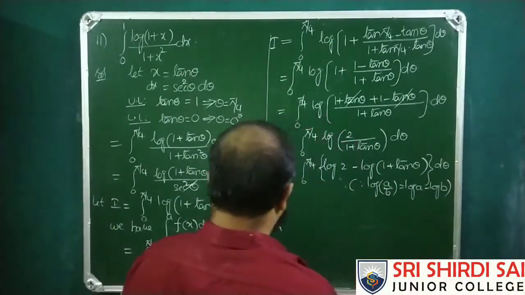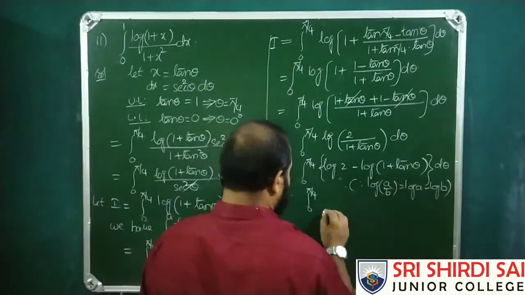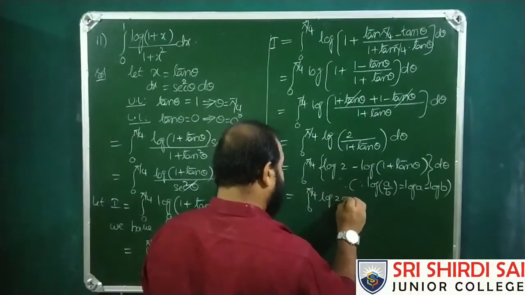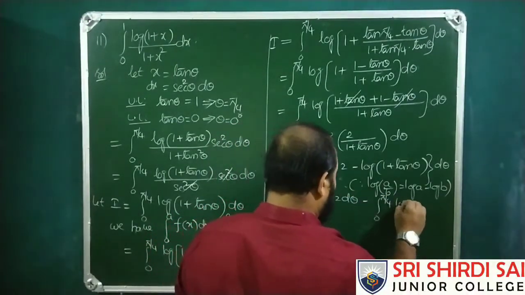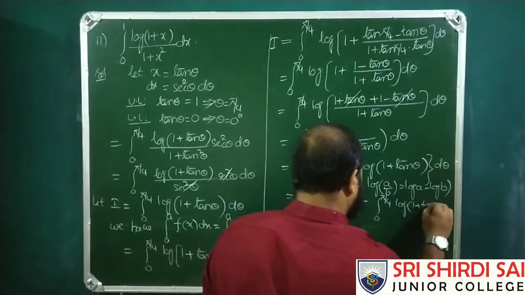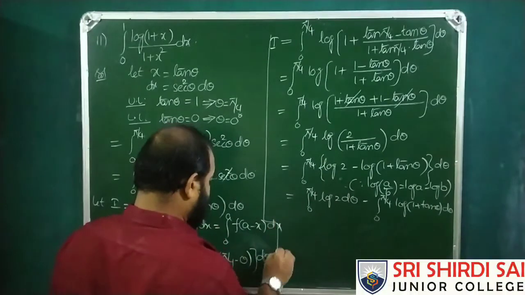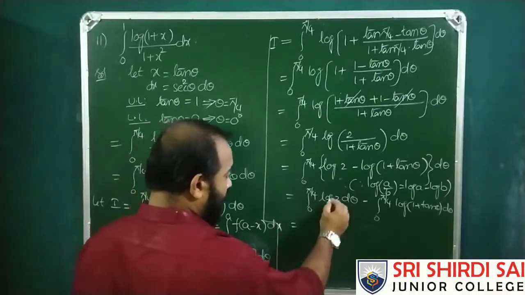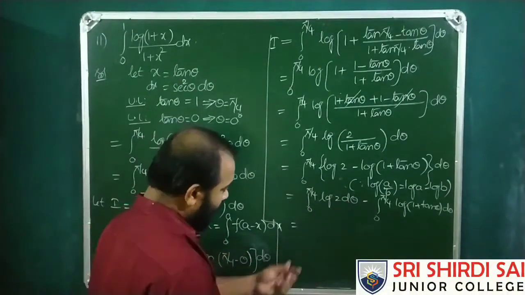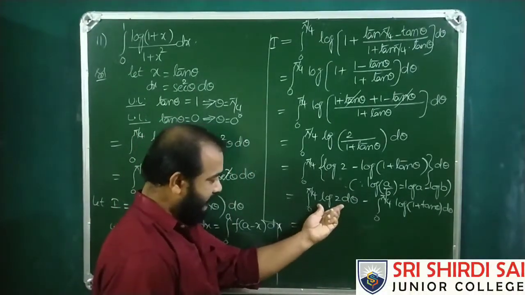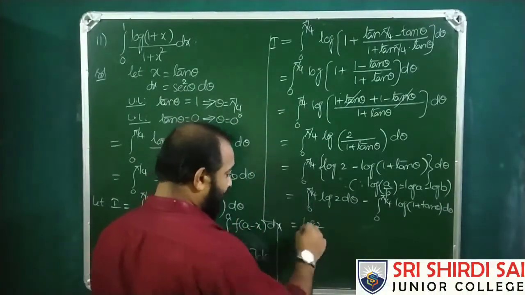We can separate this integration: integral 0 to pi by 4 log 2 d theta minus integral 0 to pi by 4 log(1 + tan theta) d theta. Since log 2 is independent of theta, it can be treated as a constant, so log 2 is to be taken apart.